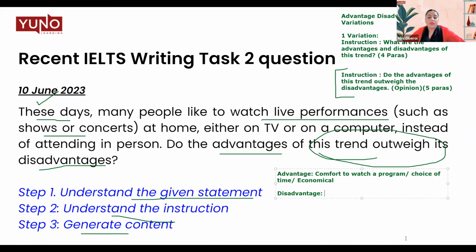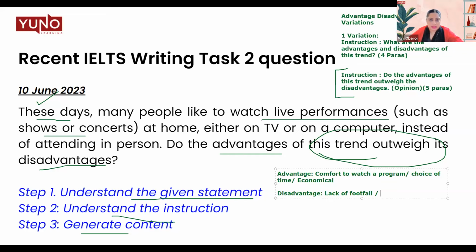So we come to the disadvantage. What can be a disadvantage? Less footfall to such concerts. The performers don't feel good. So lack of footfall to such places, or I can even say that it is not safe.